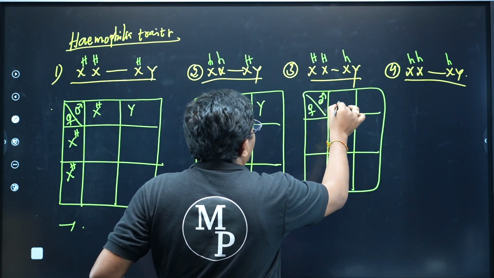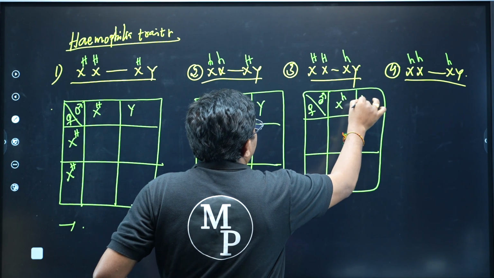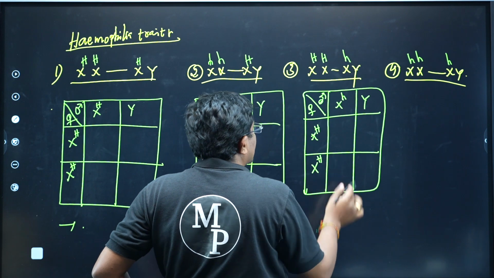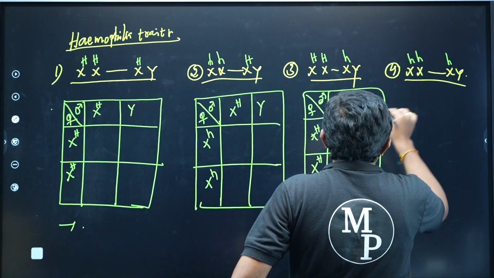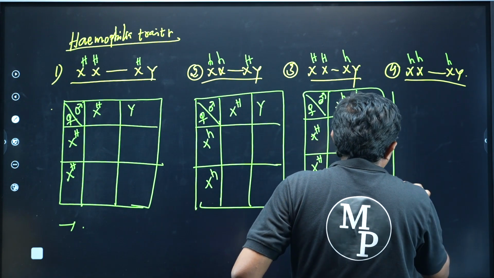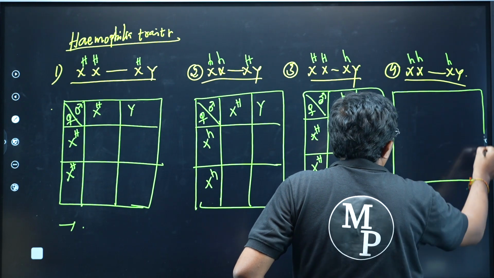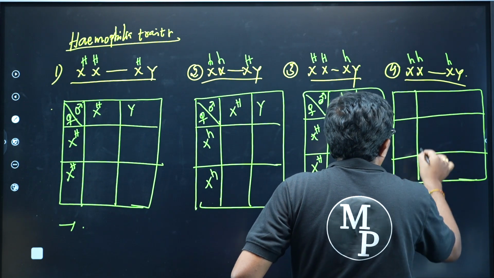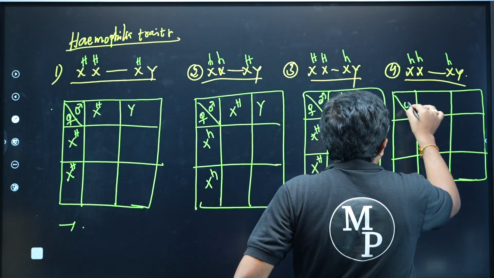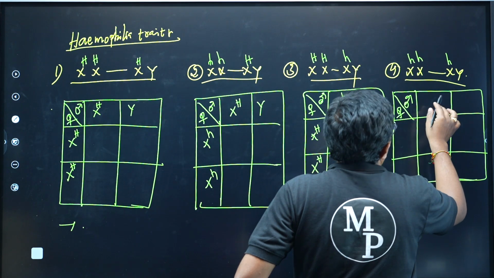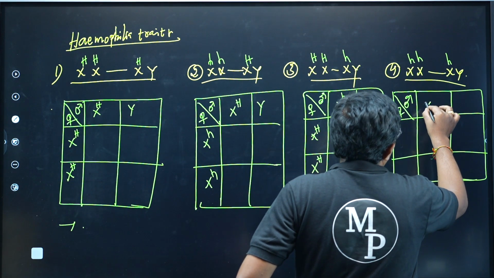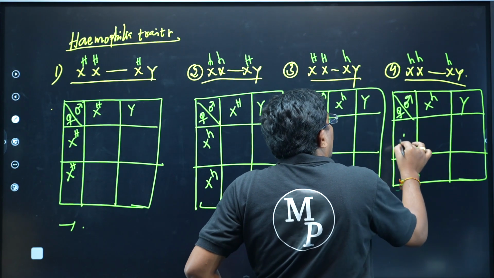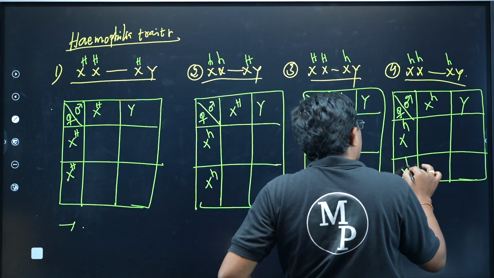Male gametes, female gametes. Male small h, Y. Female capital H. And the same way, you can find out the cross, X small h.